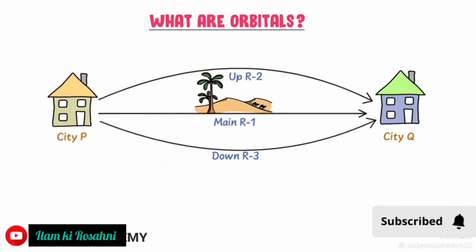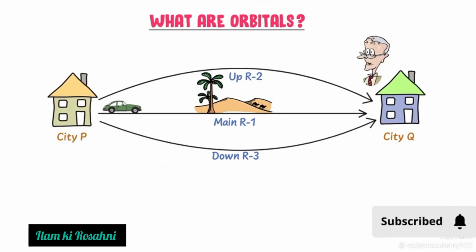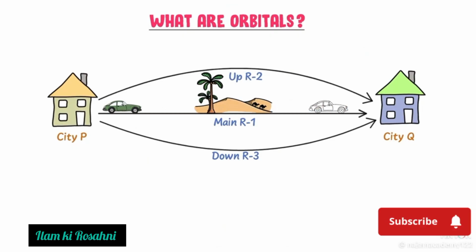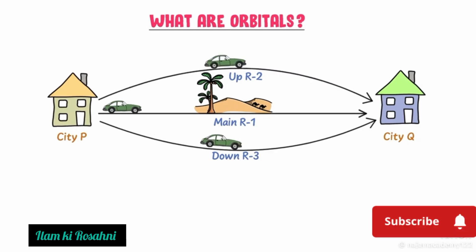Consider that there is a car in city P and you are waiting for its arrival in city Q. Let the car often use road 1 or the main road while going from city P to city Q. But sometimes it may move on sub-roads like road 2 or road 3.